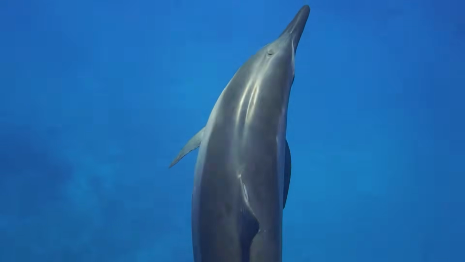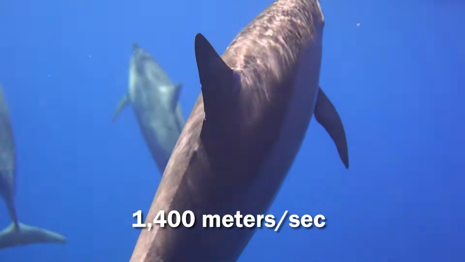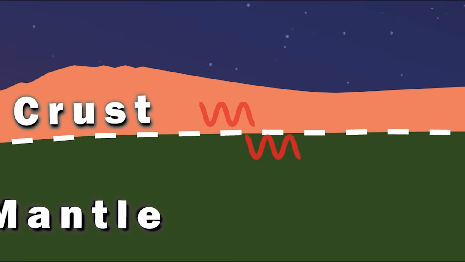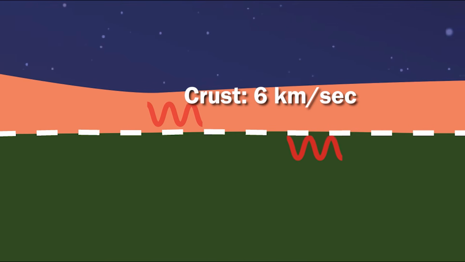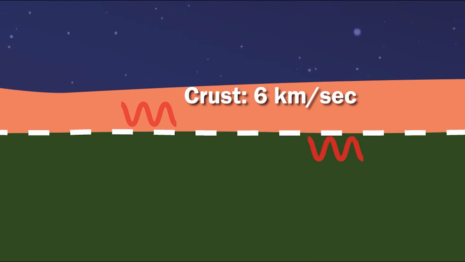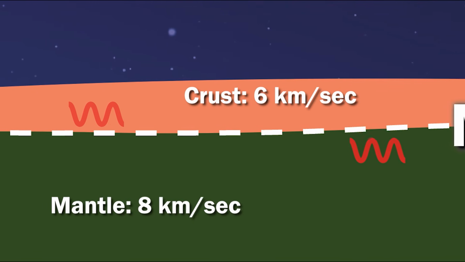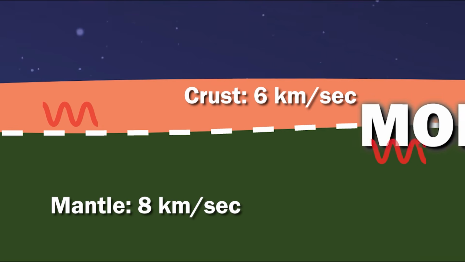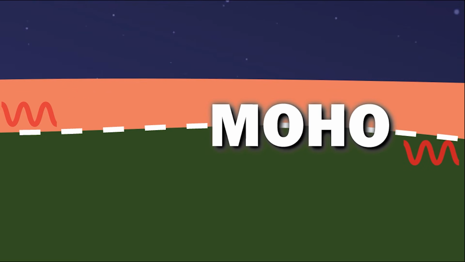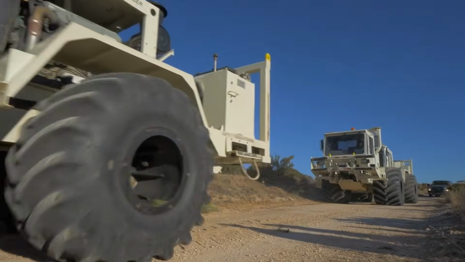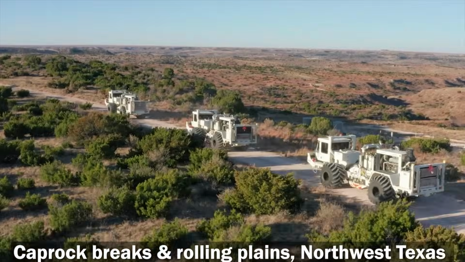Sound travels 4 times faster through water with a velocity of 1,400 meters per second. Seismic waves travel 20 times faster through continental crust, around 6,000 meters per second, and even faster in the mantle, about 8,000 meters per second. That's a big jump in velocity from crust to mantle, and the velocity contrast makes the Moho easy to see, though acquiring the seismic refraction data needed to see it is a big operation.